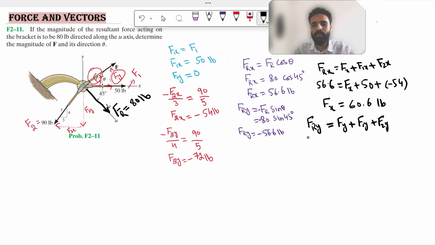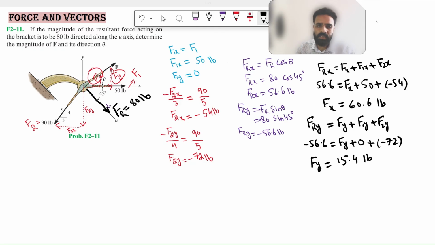I will be substituting the value of FRy, which is minus 56.6, equal to Fy plus F1y, where the F1y value is 0, plus F2y, which is minus 72. So after calculation, the Fy value will be equal to 15.4 pound. So we found the horizontal and vertical components of this F force.